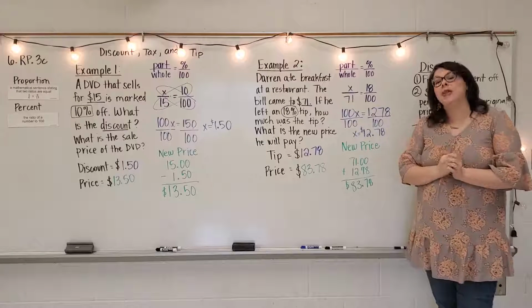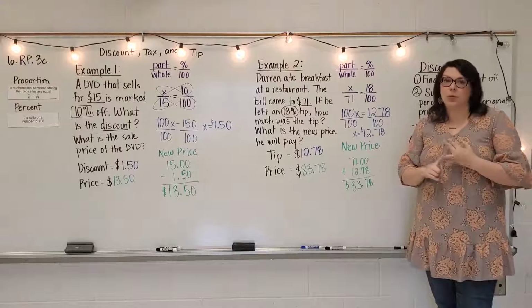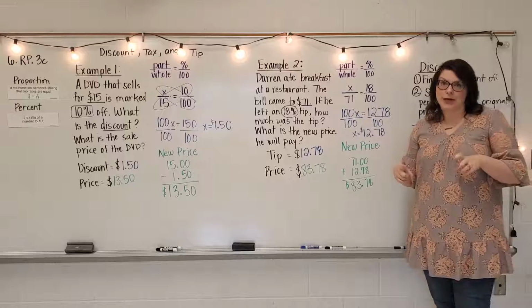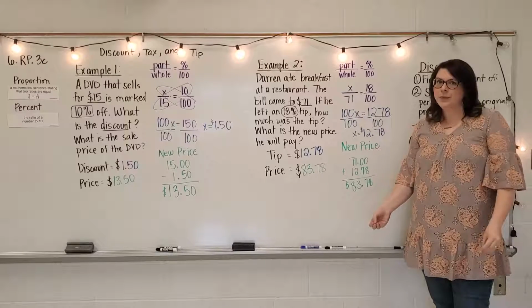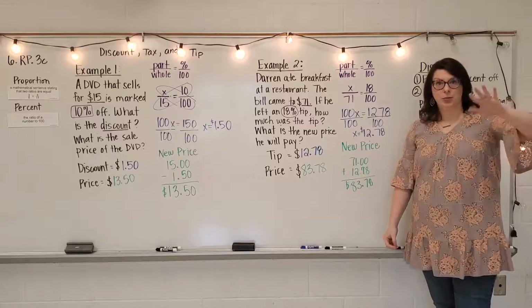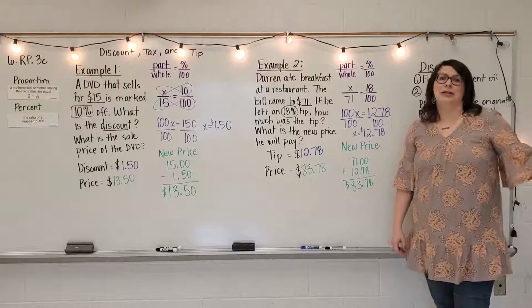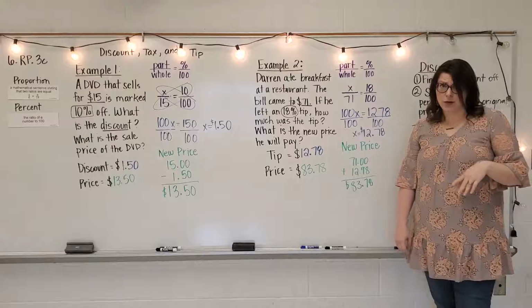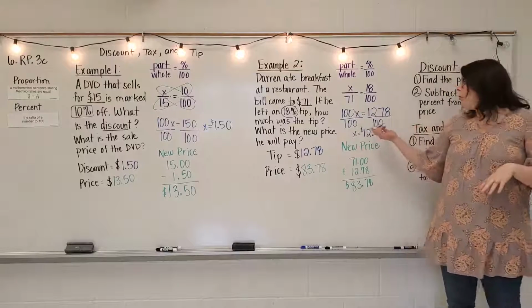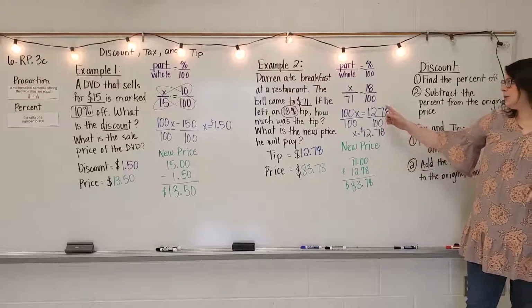Remember that anytime we're dealing with ratios or proportions, the order in which we write our relationship is so critical. So the part has to go in the numerator all the way across the problem. The whole has to be in the denominator all the way across the problem. To solve the proportion now, I'm going to cross multiply.